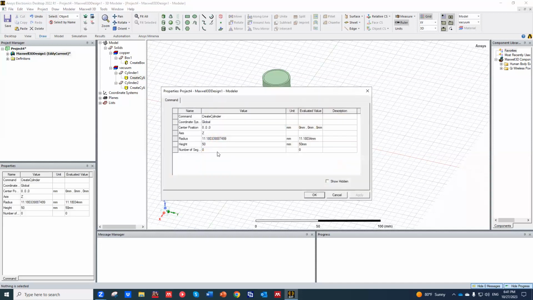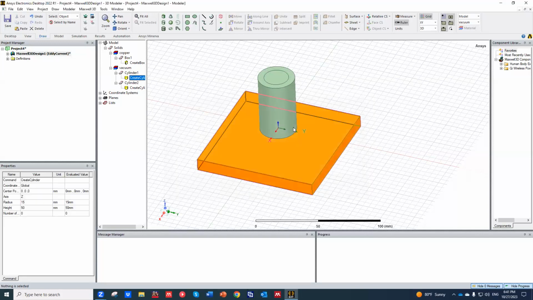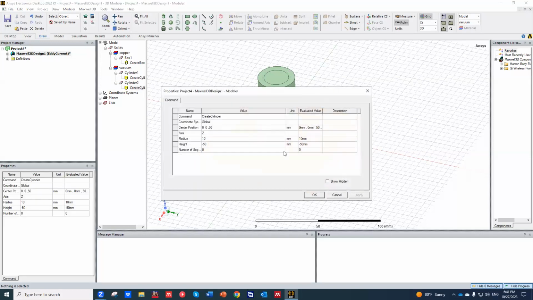But before that, let me set the values. The outer is going to be maybe 15 millimeters, and the inner is going to be, for example, let's say 12 millimeters.